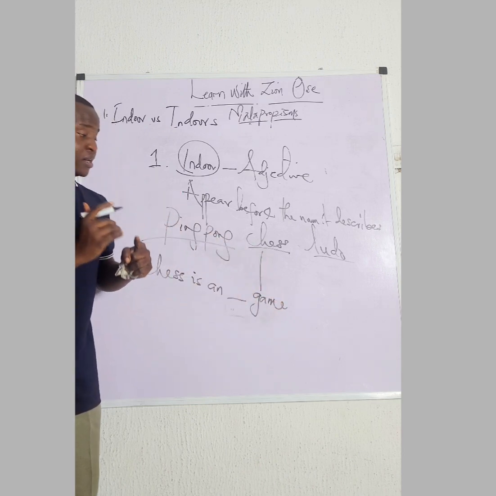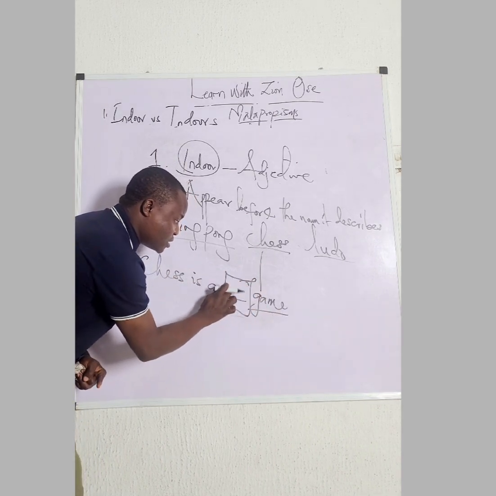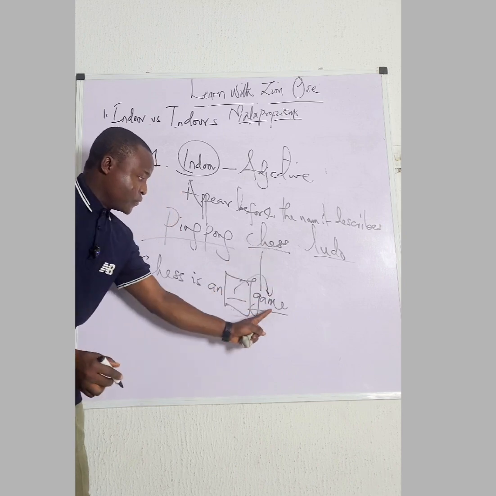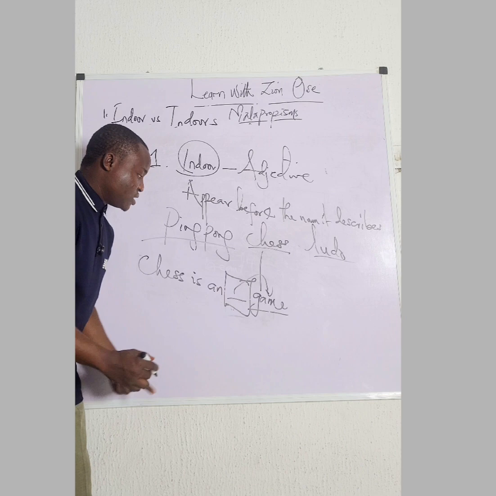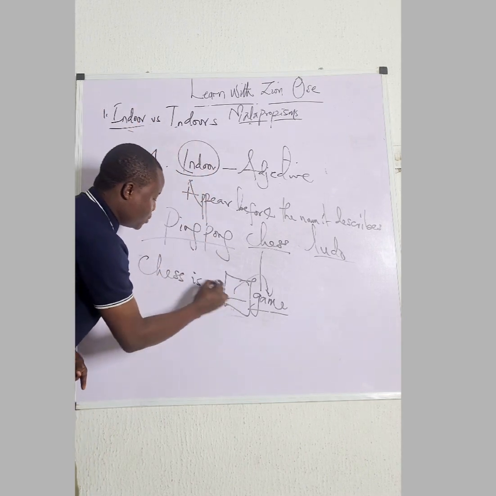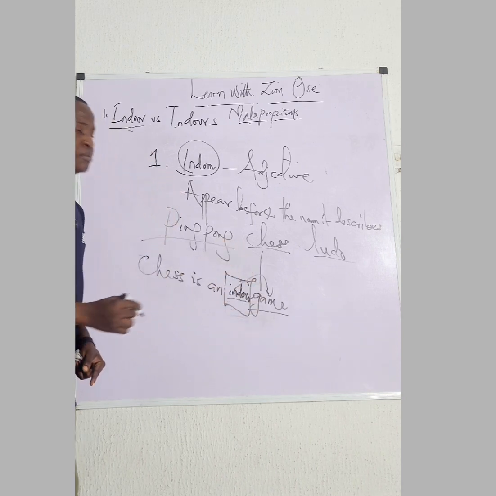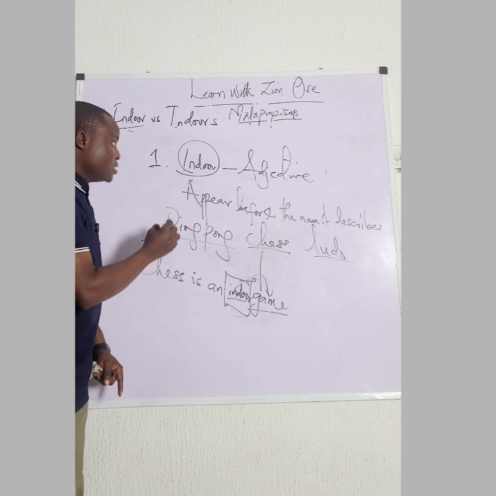So because it is a noun, this word appearing before this space is going to serve as a description of this word. Therefore, we are going to fill this place with an adjective, and the right adjective is indoor. So we say chess is an indoor game.